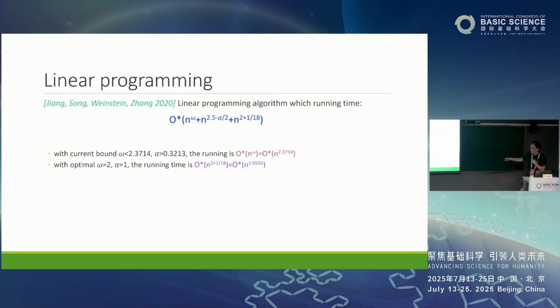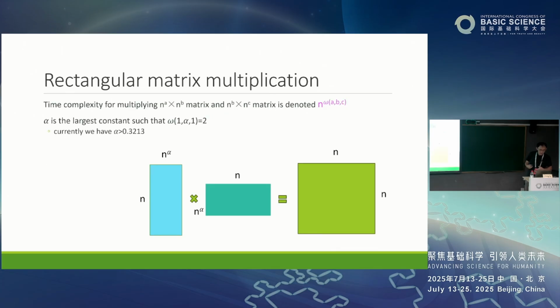Then first define what alpha is. Alpha is based on rectangular matrix multiplication. For example, the time complexity for multiplying an n to the a times n to the b matrix with an n to the b times n to the c matrix has its exponent denoted by omega(a,b,c). Then alpha is the largest constant such that omega(1,alpha,1) equals 2.